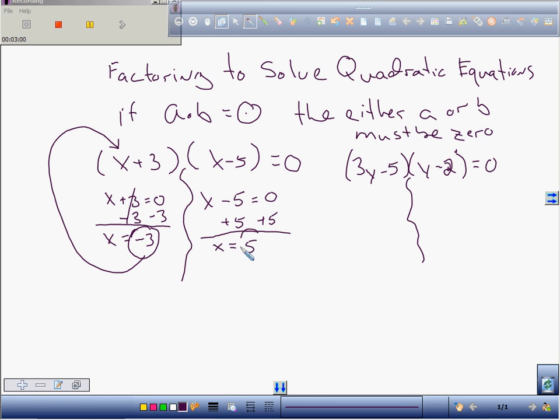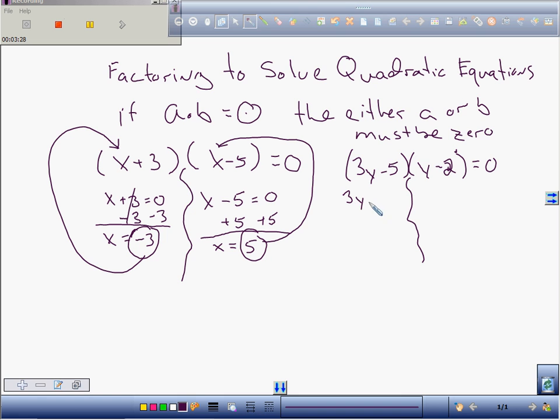If I take 5 and plug it in here, that gives me 0 over here, so 0 times whatever will also give you 0. So both of these are solutions. When you have a quadratic, a lot of times you have two solutions, not every single time. Sometimes you have no solution. We'll talk about that. What you do is set each separate piece equal to 0.